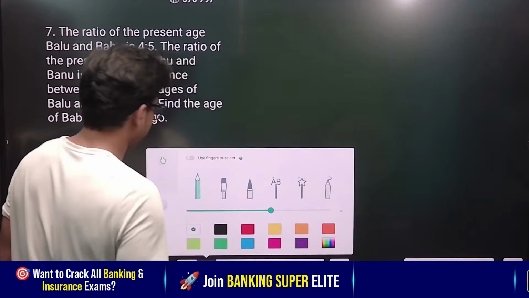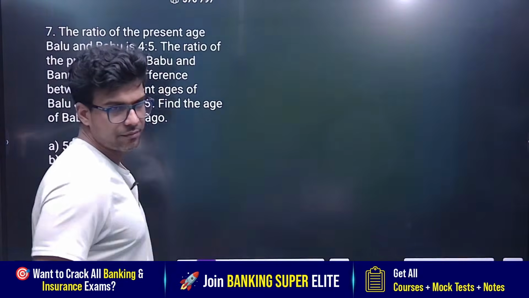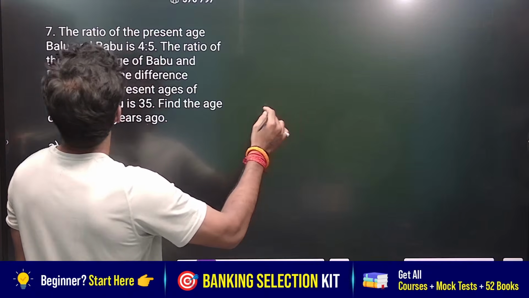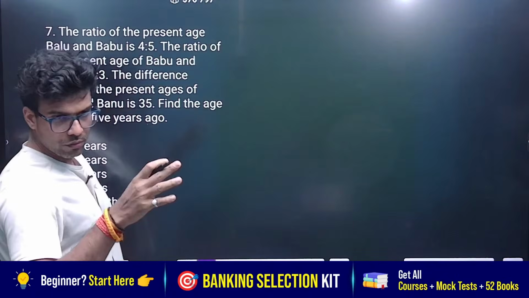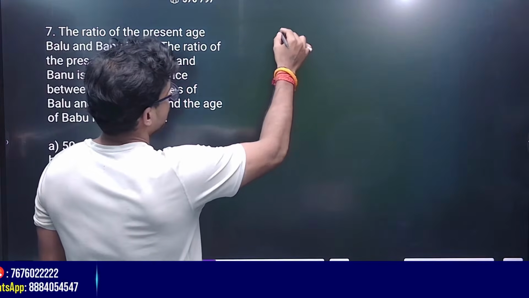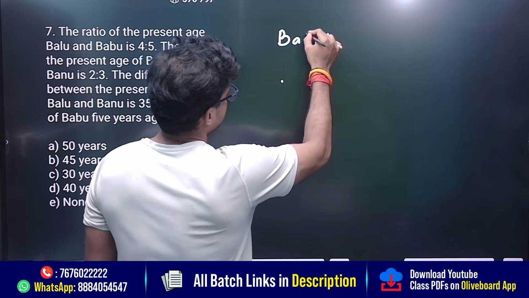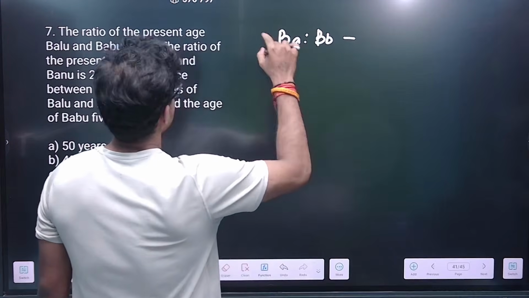We'll solve DI, Ankit. Just wait, let me make them understand. We have Ba and Bu, so I'll write BA or BB. So BA and BB, the ratio is basically 4:5.